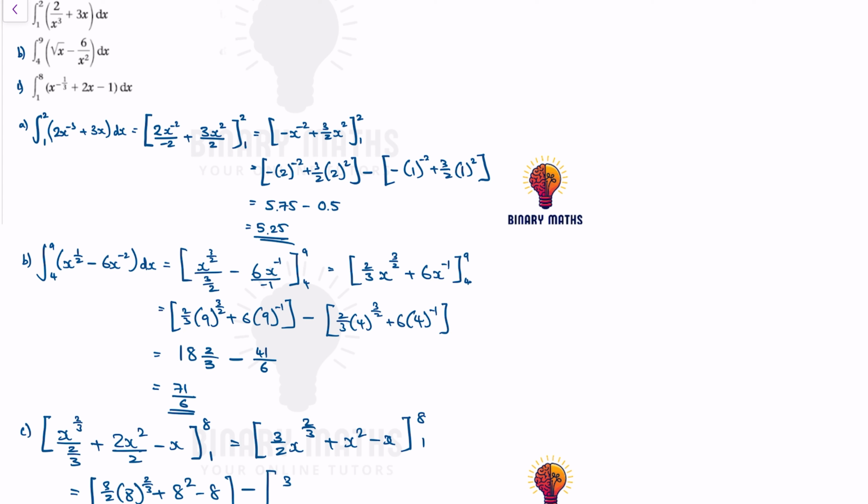Subtract from 3 over 2 times 1 to the power of 2 over 3 plus 1 squared, take away 1. I just want to fix this 3 up because it doesn't look like a 3 there. Okay, when I put these into a calculator, for the first term I get 62. For the second term I'm getting 3 over 2. So 62 take away 1.5 is 60.5.